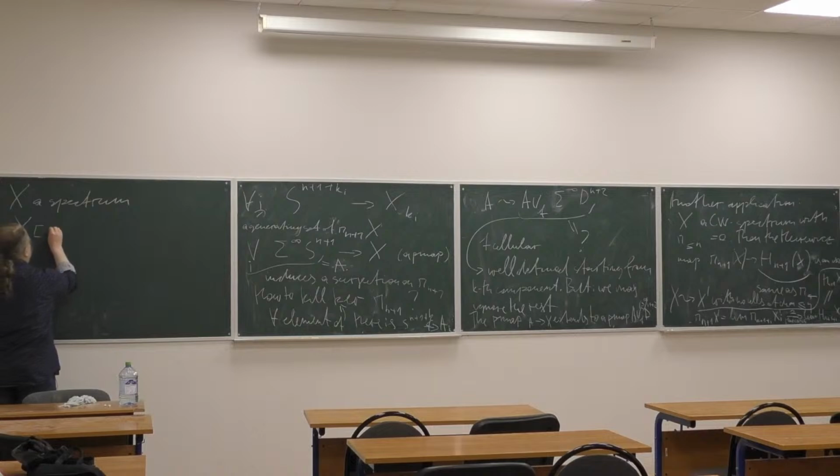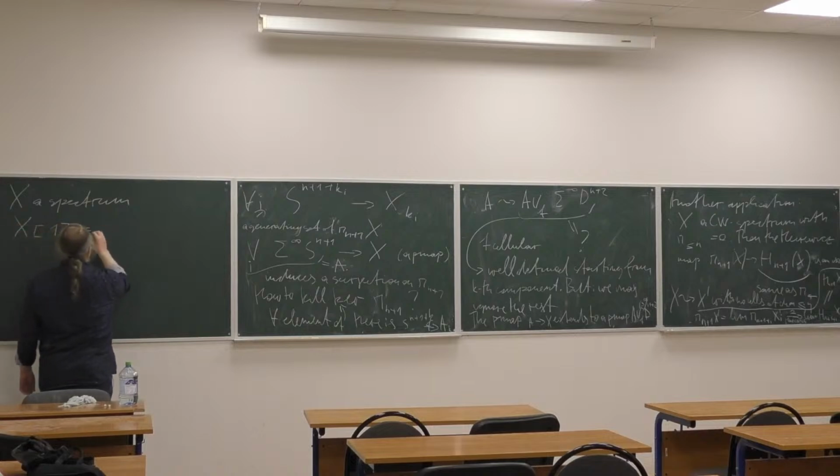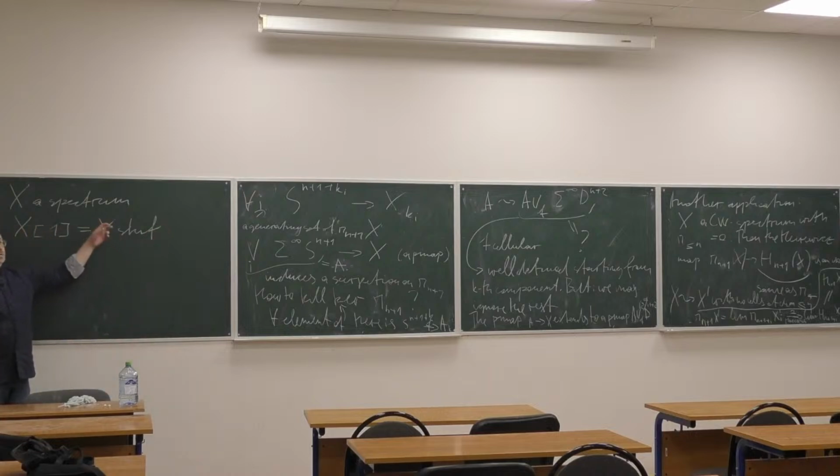I want to describe two functors from spectra to spectra, and to prove that those functors are isomorphic.